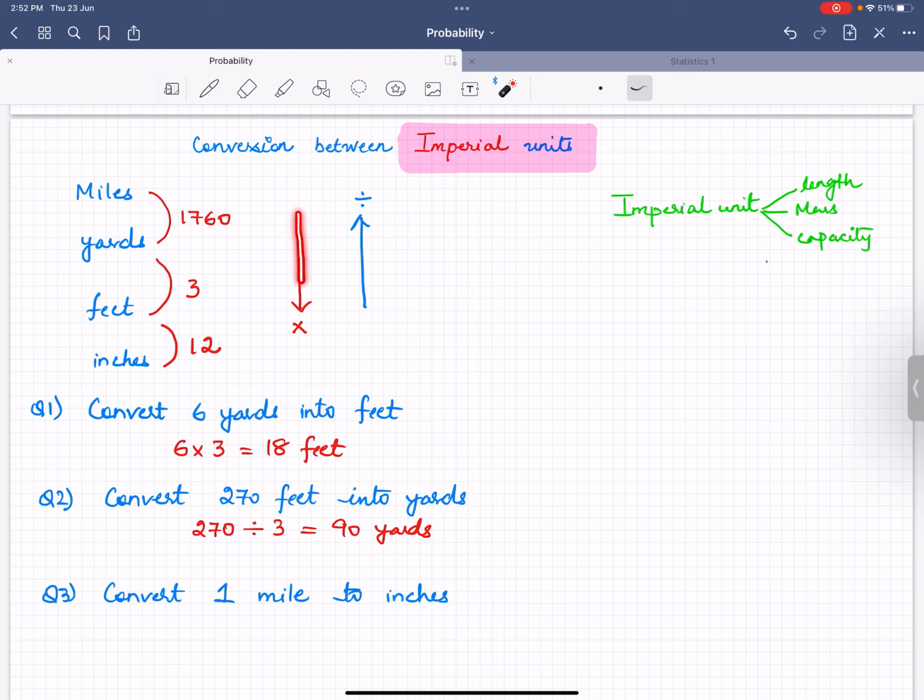We see as we come down, we multiply, and we are coming all the way from miles to inches. So we will multiply by the number 1760 and by the number 3 and by the number 12, all of them. So 1 mile, when converted to inches, it will be 1 into 1760 into 3 into 12, which is equal to 63,360 inches.